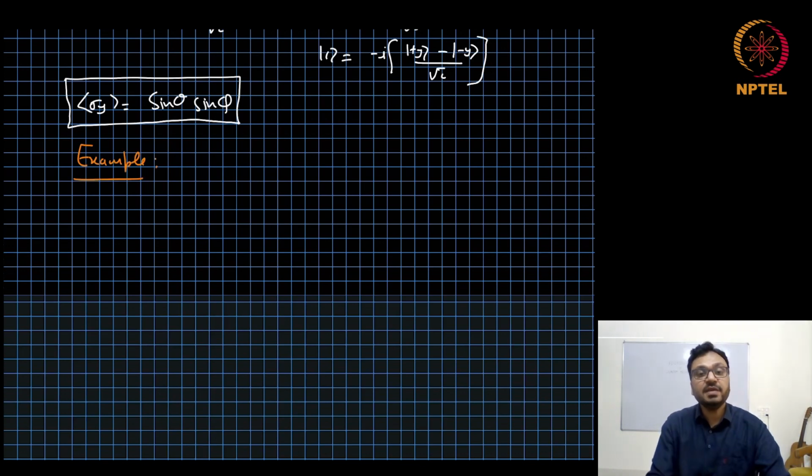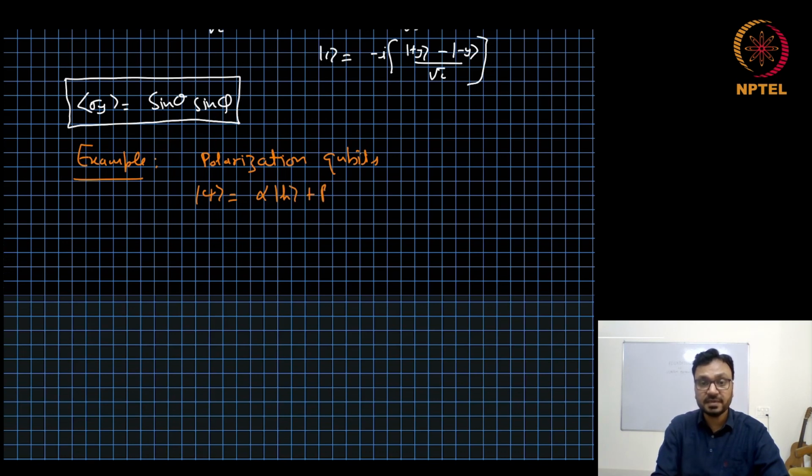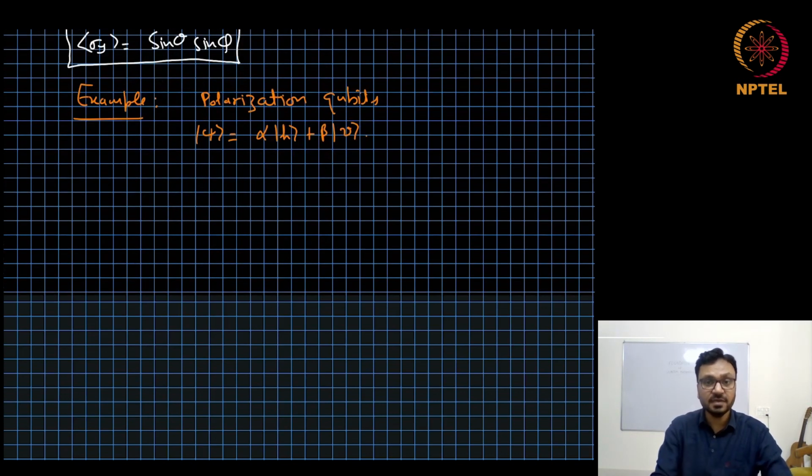So in this example, we are taking the polarization qubits. Here we have single photons and they are in an unknown polarization state. So the state of the photon is some alpha times horizontal polarization plus beta times vertical polarization, where alpha and beta are complex numbers, the usual practice, and H and V are the horizontal and vertical polarization.